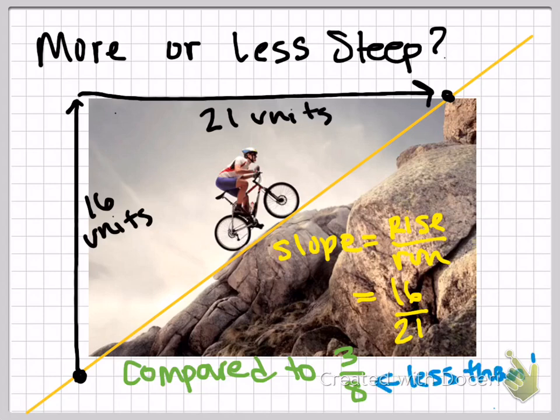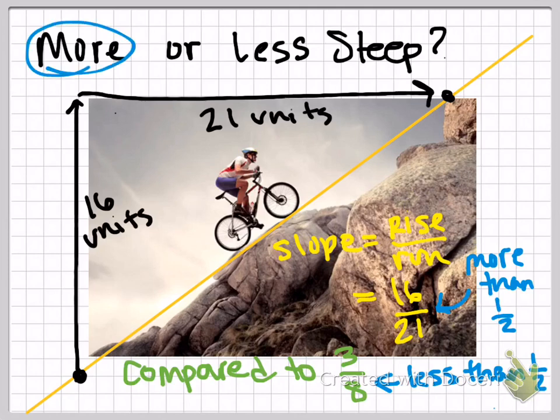I know that 3/8 is less than a half because 1/2 would be 4/8. And I know that 16/21 is more than a half because 10 1/2 would be half of 21. So that tells me that this picture shows a slope that is more steep than the mountain.